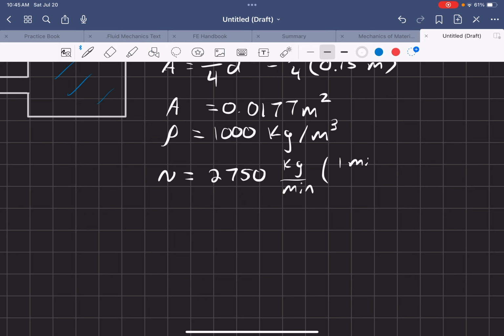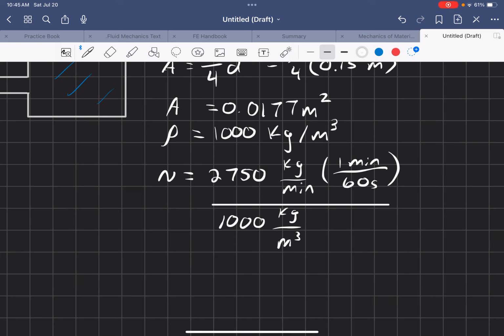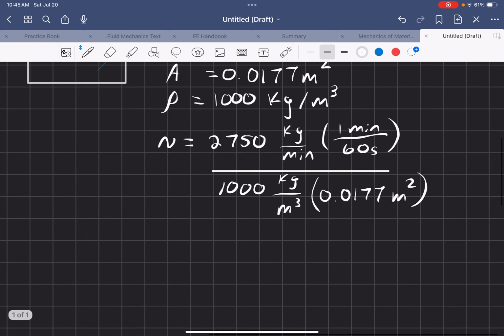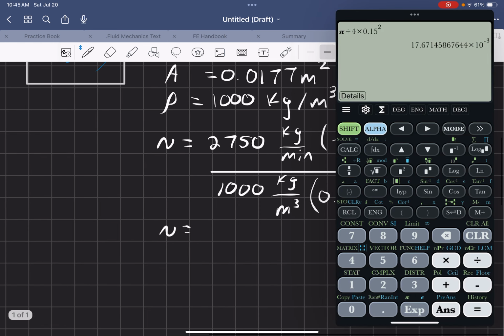So 1 minute is equal to 60 seconds, divided by our density, times our area.